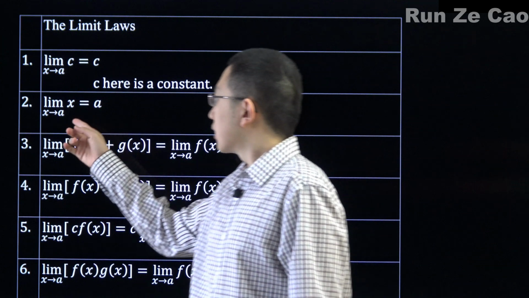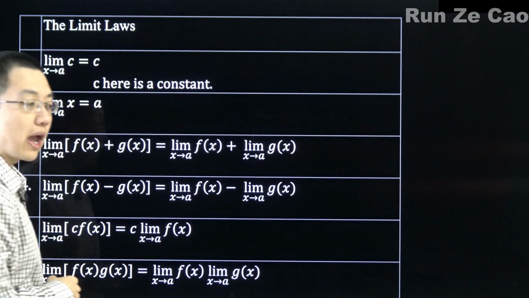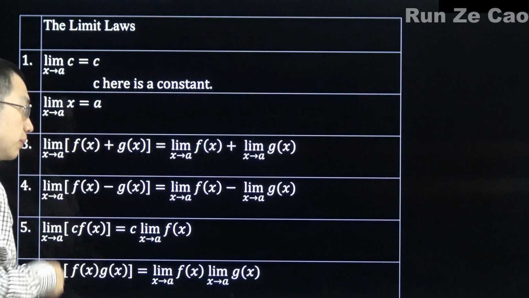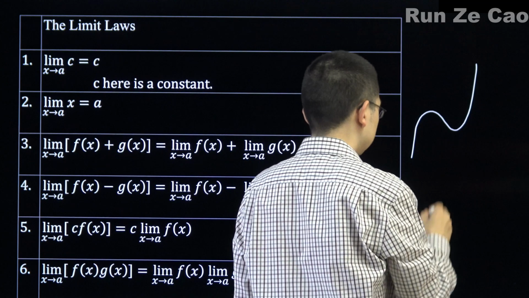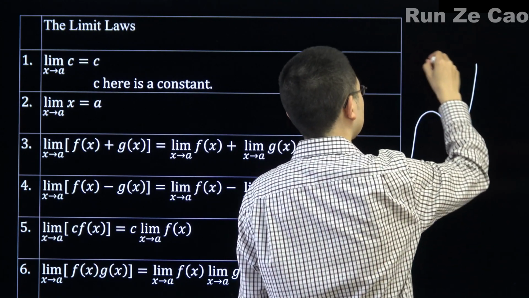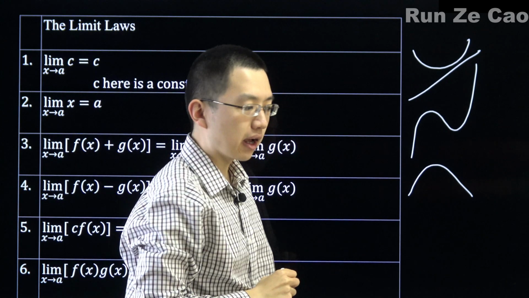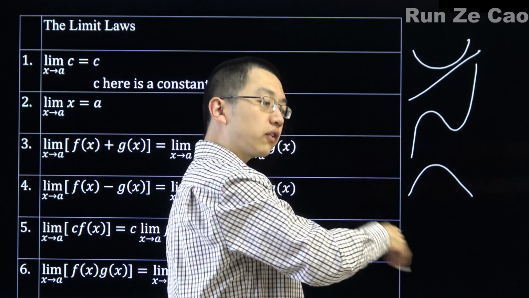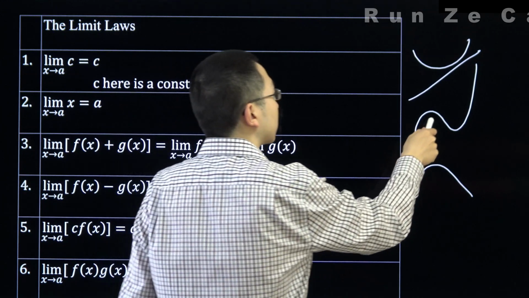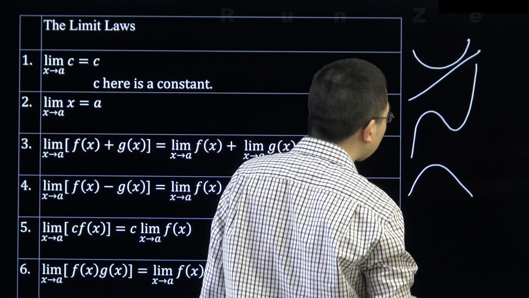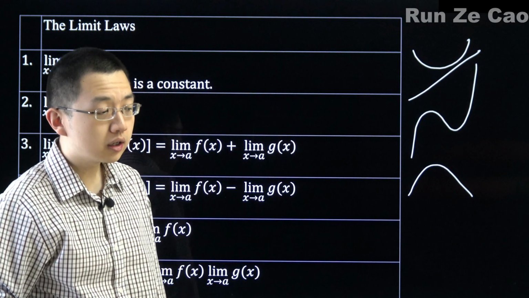Now, if you take the limit as x approaches a of x, that's equal to a. Assuming your function is continuous, which means that you can draw it all in one stroke, or say a straight line, or whatever, the curve or line has some value at a particular point, and from both sides it converges towards that value.